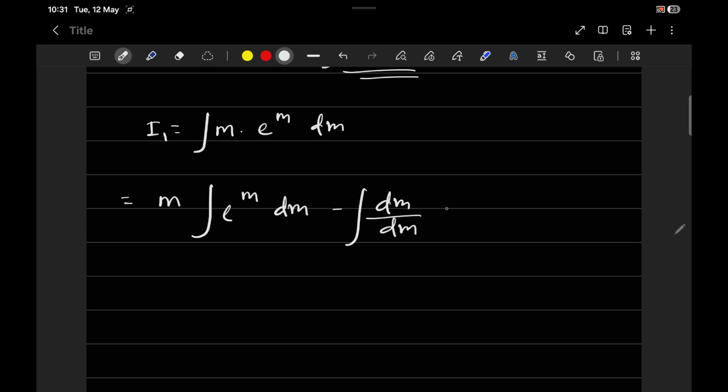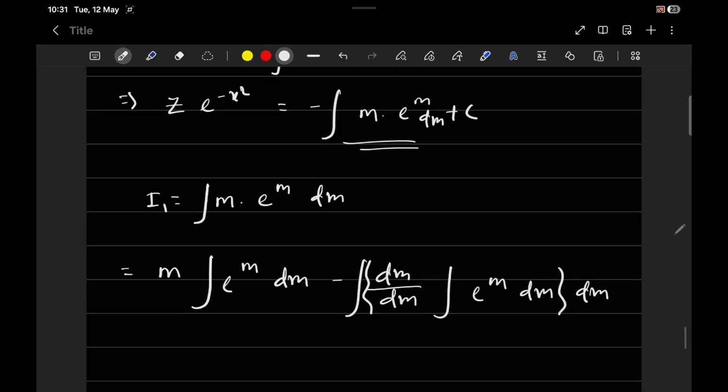I have used the formula ILATE, where I is inverse trigonometric, L is logarithmic, A is algebraic, T is trigonometric, and E is exponential. Here we have algebraic and exponential, so algebraic comes first.